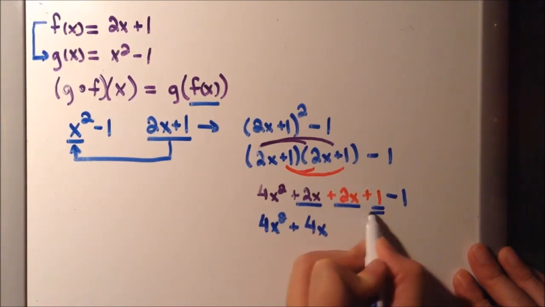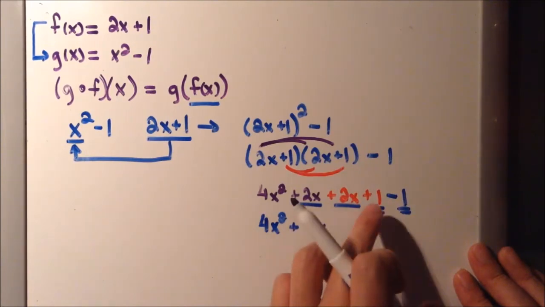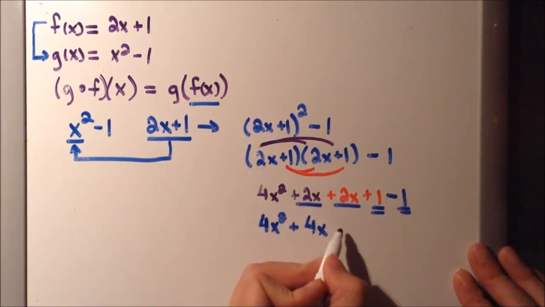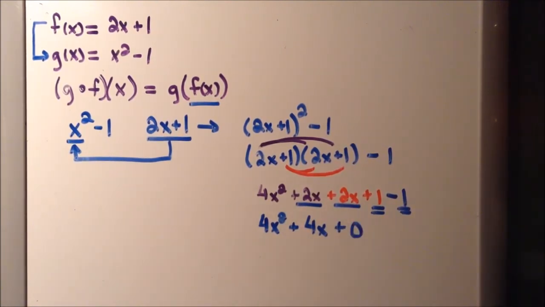Now, both of them are numbers, but we have a positive one and a negative one. Combining those two is just 0. So, it's just 4x squared plus 4x. That's pretty much we can do. There's nothing else we can combine.